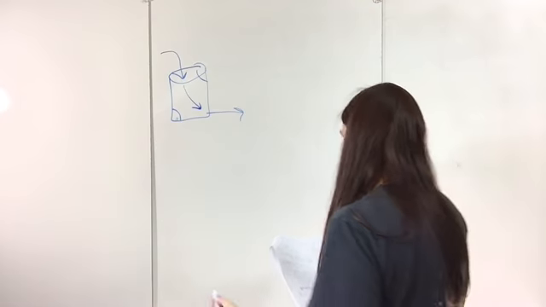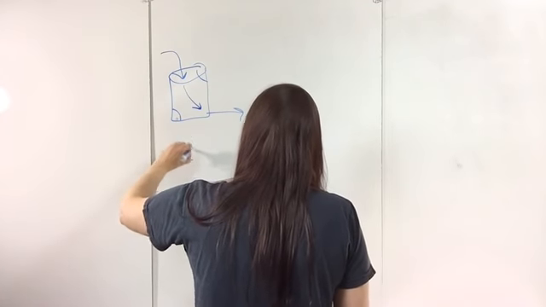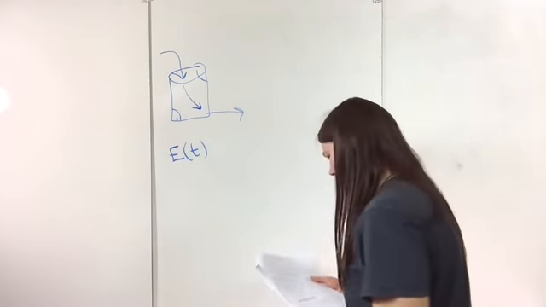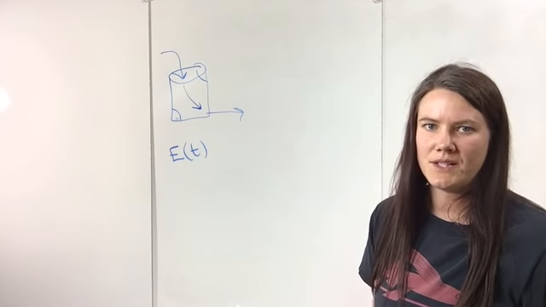So the E of t is a way to describe what the molecules are doing in the reactor.